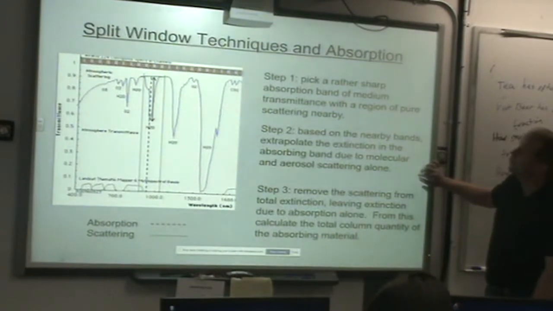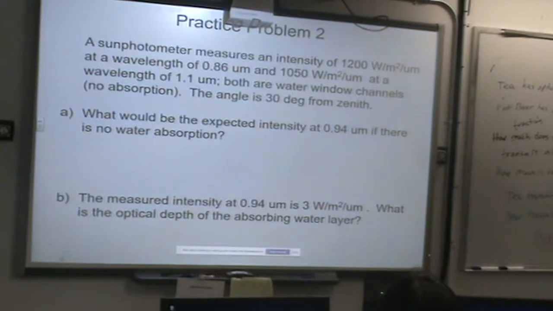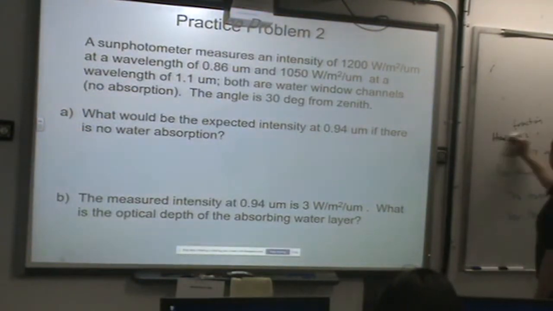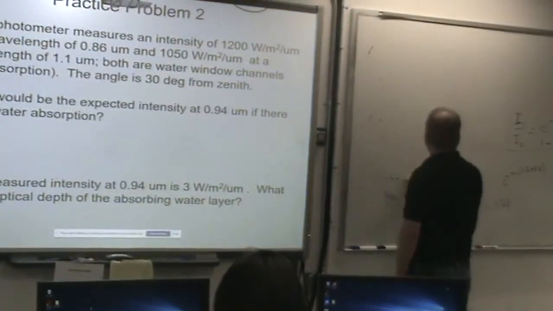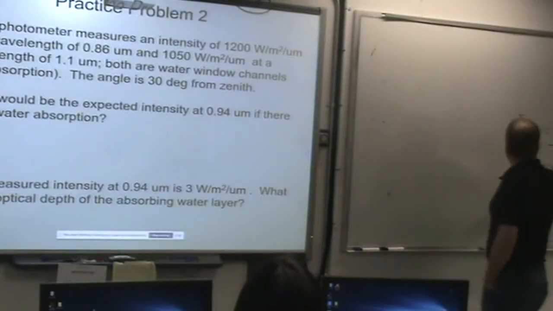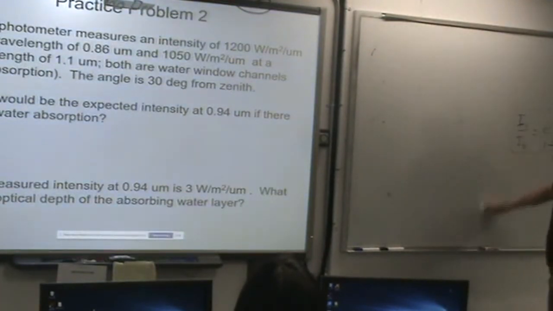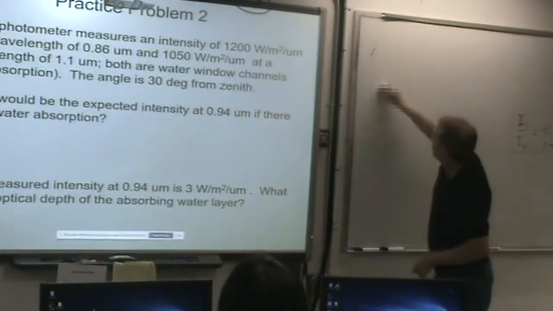Well, let's go ahead and do it. So, you have a photometer that measures an intensity of 1200 watts per meter squared, and so on. Let's draw it out here. What it's describing is really the same situation that I just had up on the board, so I'm going to redraw that.